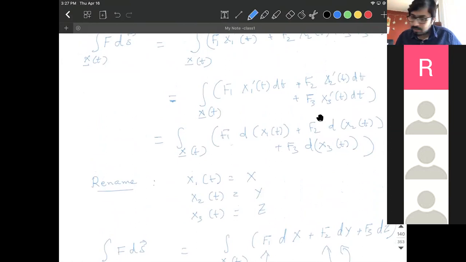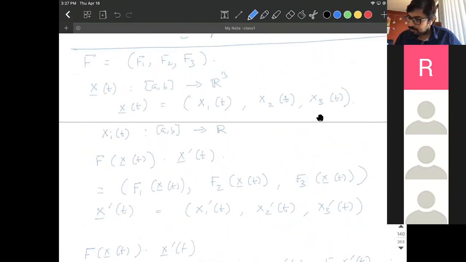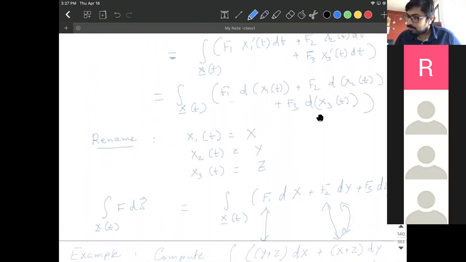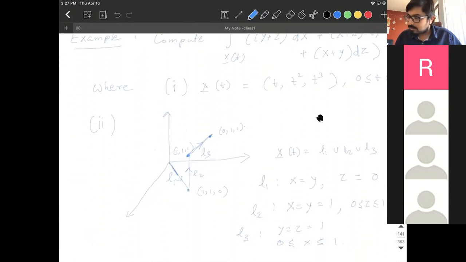So f1 times d of x1t, where x1, x2, x3 are the components of this path, right? So we have f1 d of x1t, f2 d of x2t, f3 d of x3t. So the x1, x2, and x3 in the first example are t, t squared, t cubed.